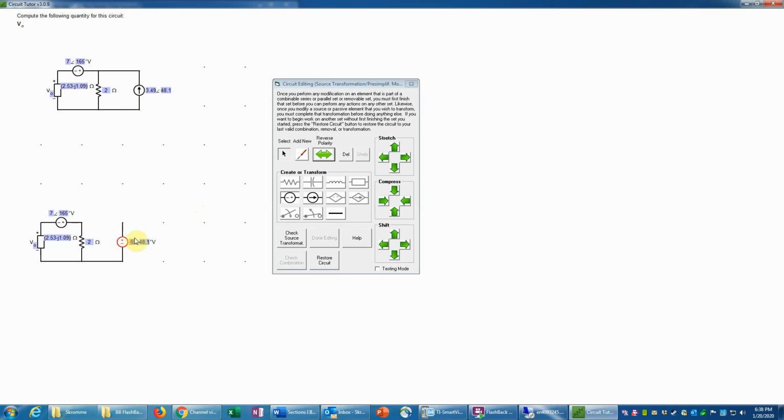So 6.98. And now I can drag this up there. And that should complete the source transformation. So again, I just multiply this by 2. And we'll check that. And that is correct.